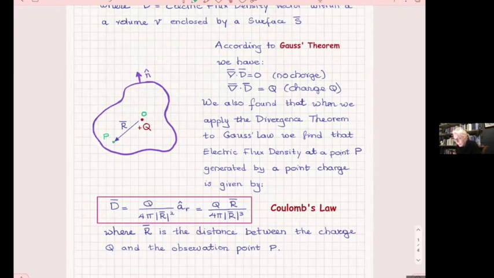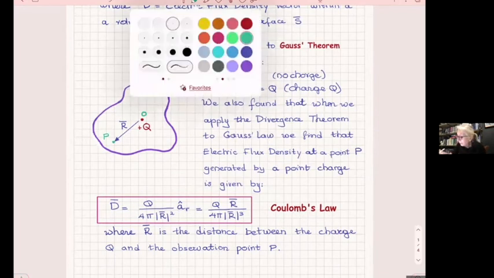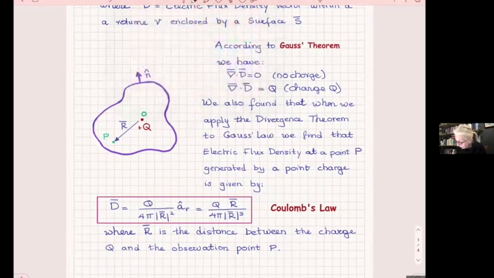The divergence at any other point in this volume is given by this relationship: Q, which is that red Q, it's not another one, that Q that generates D, it's only one Q, divided by 4 pi, and then the magnitude of what vector? Of vector R, which is the vector that connects O, the place where the Q is, to P, where I am observing D.